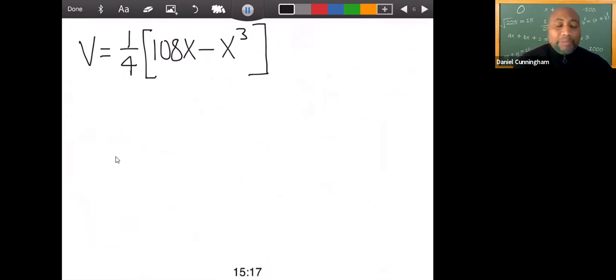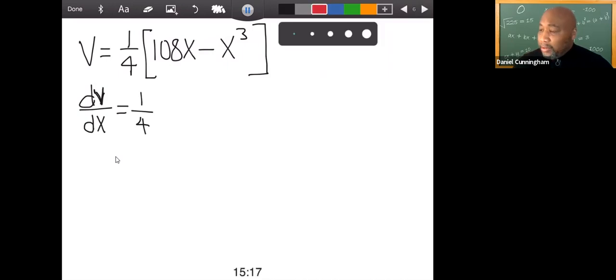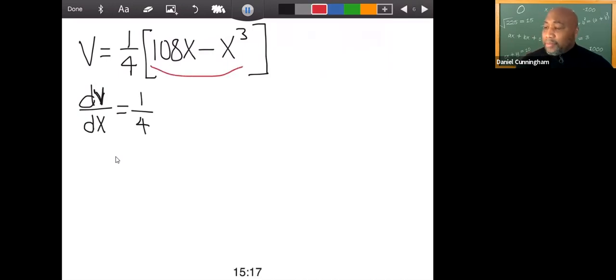How do we find the maximum value? We have to take the first derivative of the volume with respect to x, because everything's in terms of x right now. And then you set that equal to 0, and that gives you your value for x. Since 1/4 is a constant, I can just leave that alone and take the derivative of what's inside the bracket.